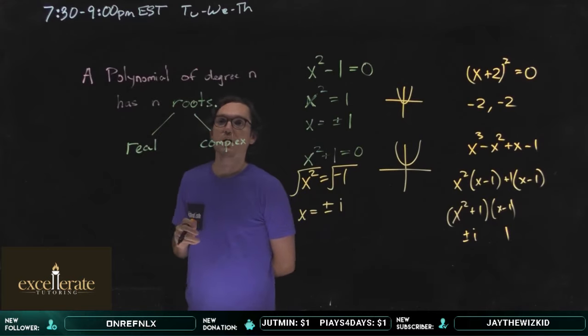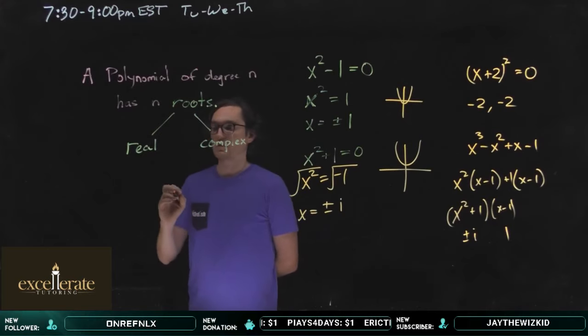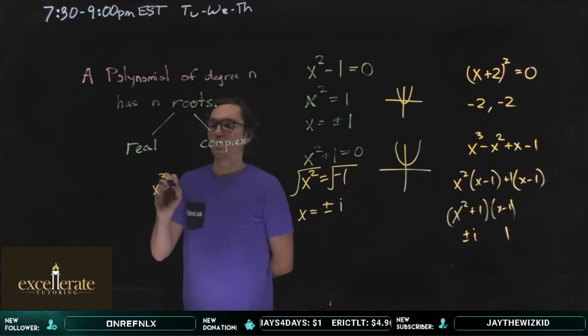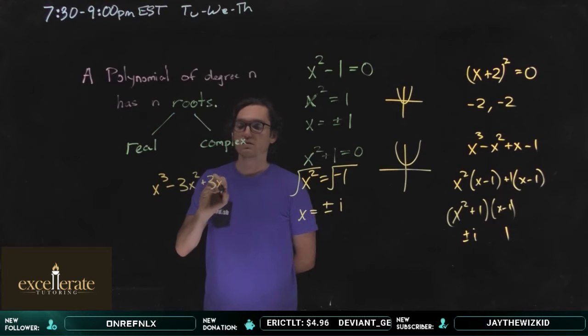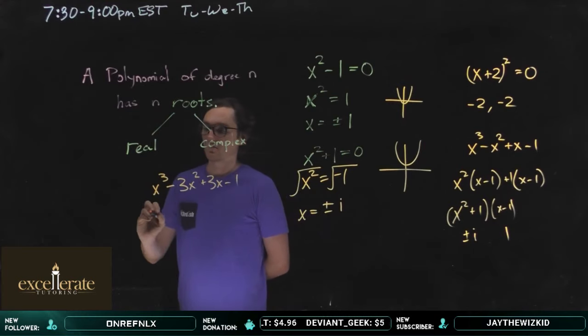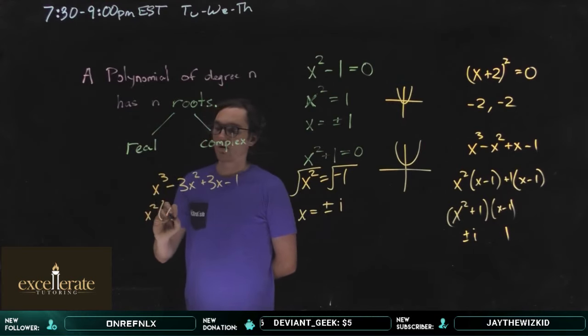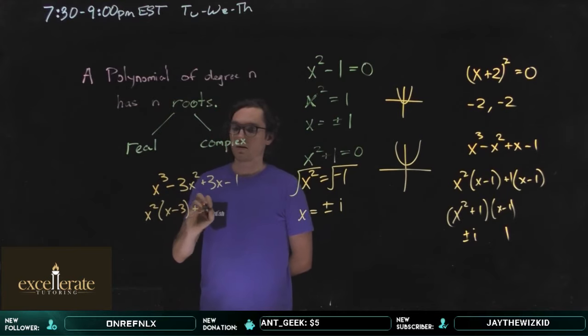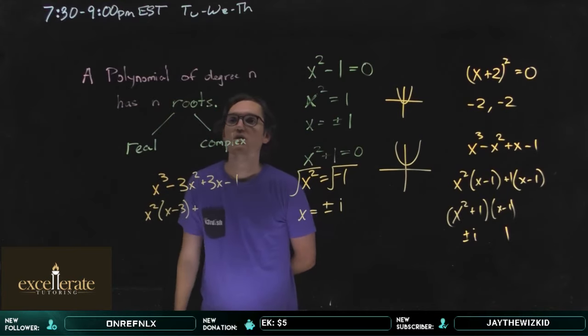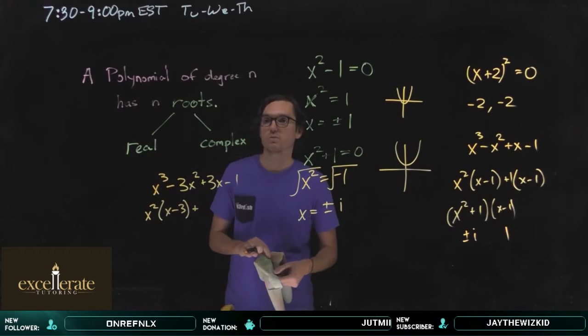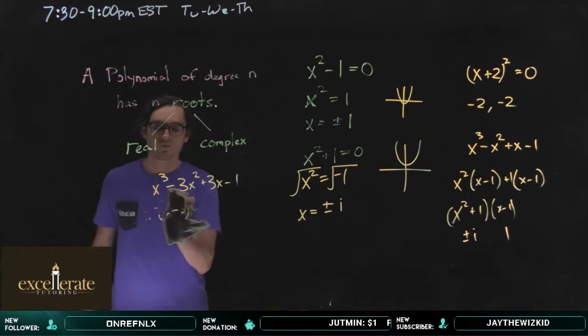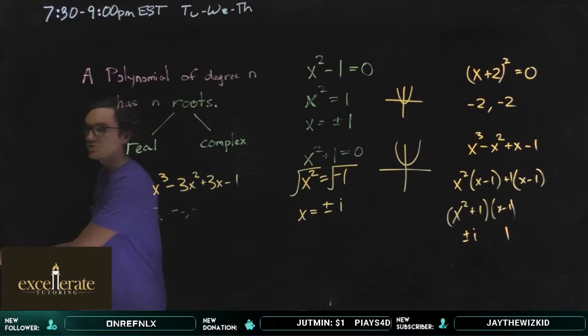Okay, one sec. I no longer can see the second to last one, but I can see the last one. X cubed minus 3x squared plus 3x minus 1. So this is going to be x squared, x minus 3 plus... that's not going to be factorable. Okay, so that last one is not factorable. For the second to last one, I have to scroll up to see that one.